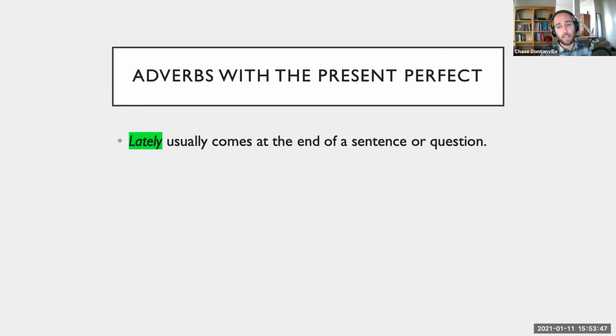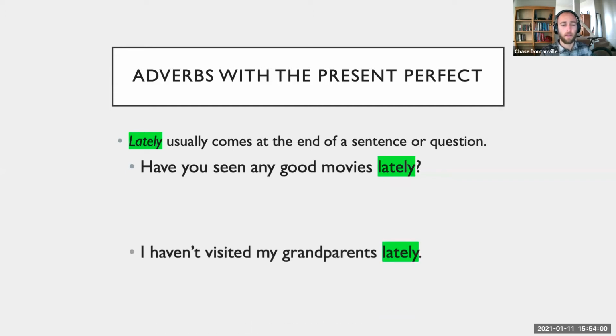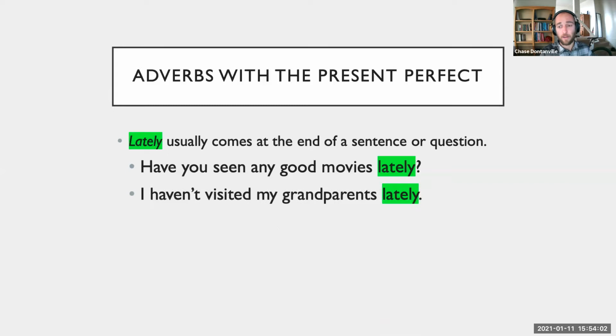Lately usually comes at the end of a sentence or question. So, have you seen any good movies lately? It's the same as recently. Have you seen any good movies recently? I haven't visited my grandparents lately. So it's the same meaning as recently, but lately we prefer to put at the end.